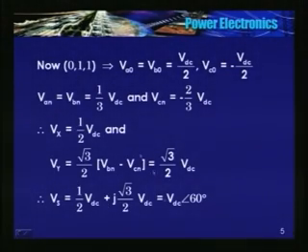So therefore, for 0, 1, 1, the position of the space vector is at an angle of 60 degrees with respect to the x-axis. Magnitude is the same, VDC.